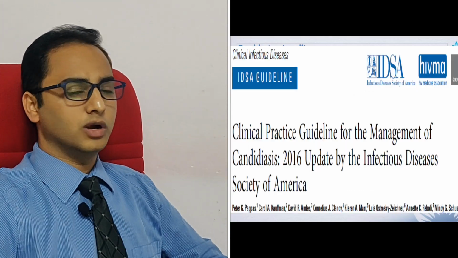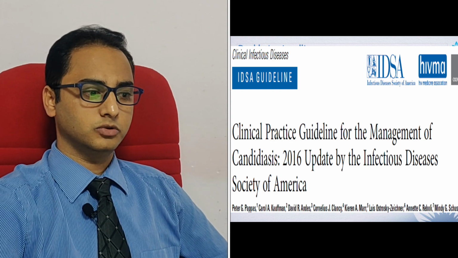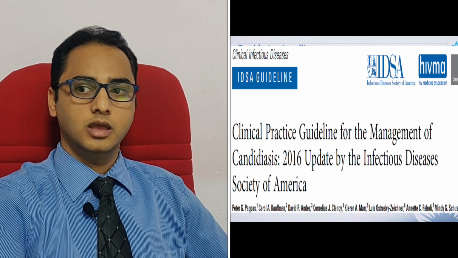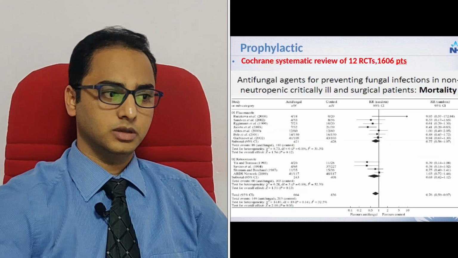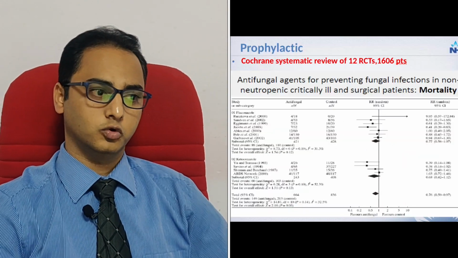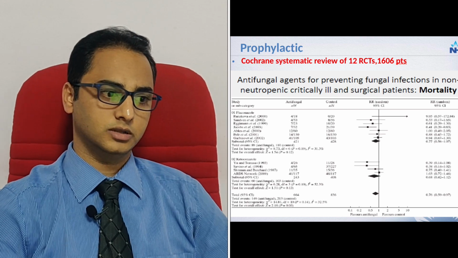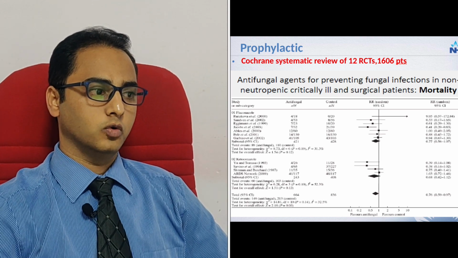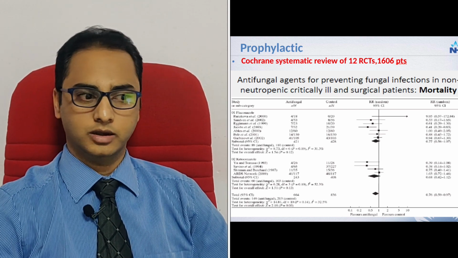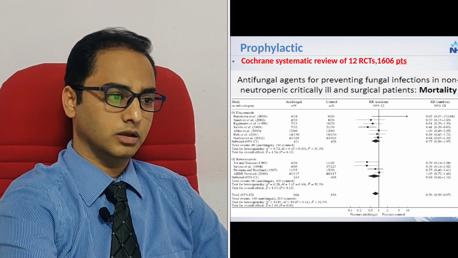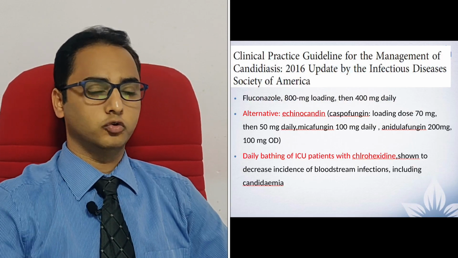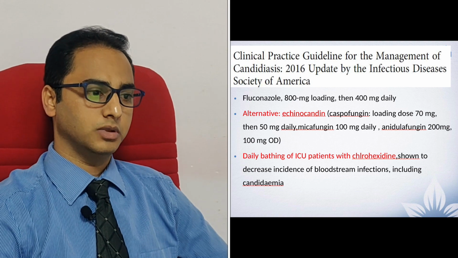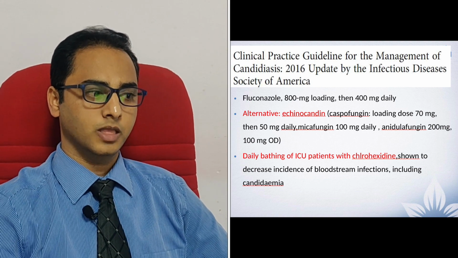So again, what is the IDSA recommendation when it comes to options for therapy in patients with Candida infection? A Cochrane systematic review included near about 12 RCTs, near about 1600 patients, looking at prophylactic usage of antifungal in terms of mortality outcome. So we can use fluconazole 800 milligram followed by 400 milligram.